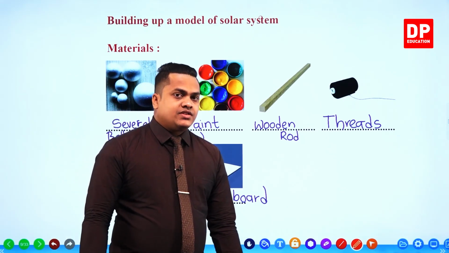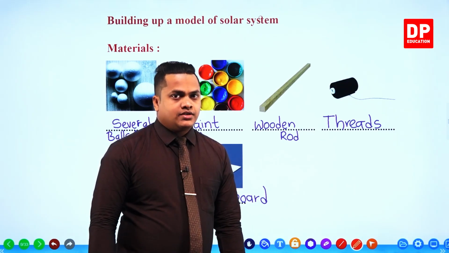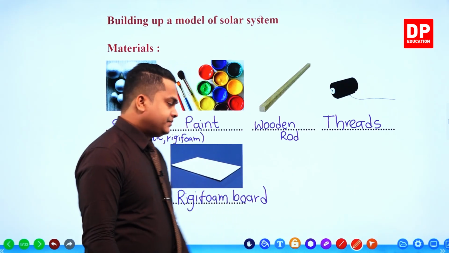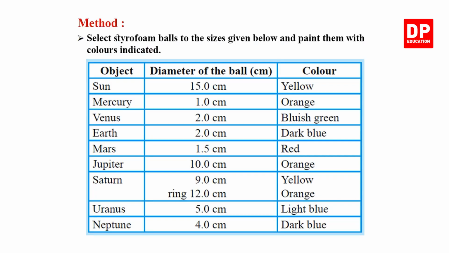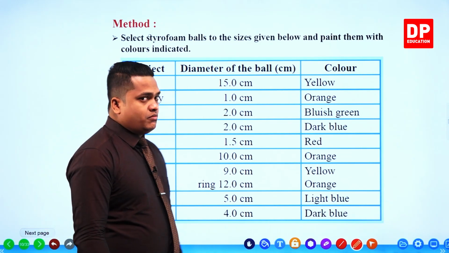Now let's head on to see what our method is, or how to conduct this activity. Select styrofoam balls to the sizes given below and paint them with the colors indicated. My dear children, styrofoam means the rigiform balls.